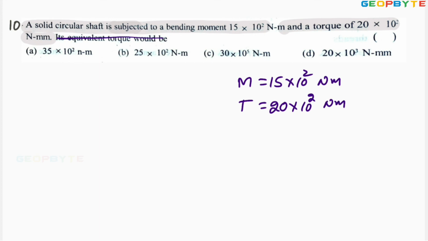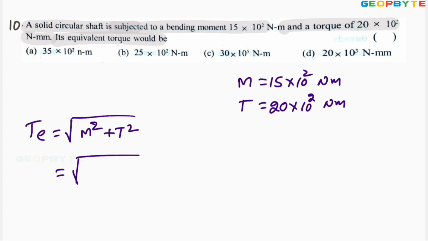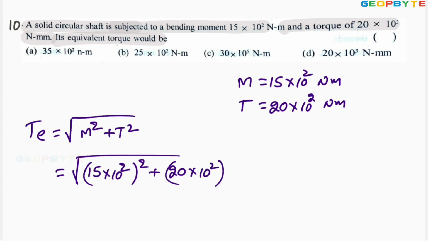Its equivalent torque would be, equivalent torque T equal to root over M square plus T square. It is equal to 15 into 10 square whole square plus 20 into 10 square whole square.